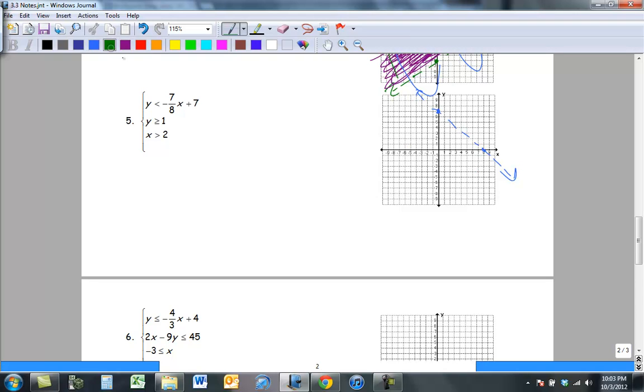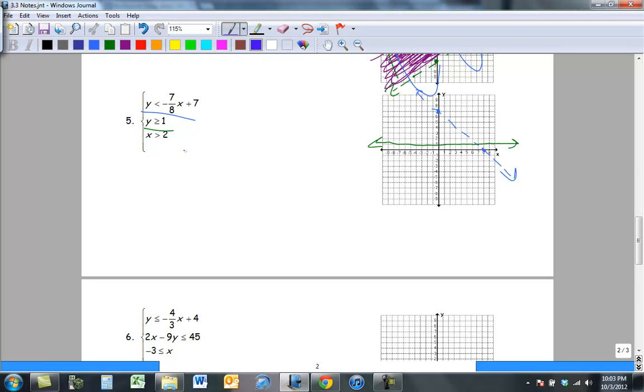I'll worry about that in a minute, though. This is my blue line. My green line is y is greater than or equal to 1. That's a solid line. Oops, yikes, like that. And it's greater than, so we're going to shade above. So right now, I'm kind of in this region right here.